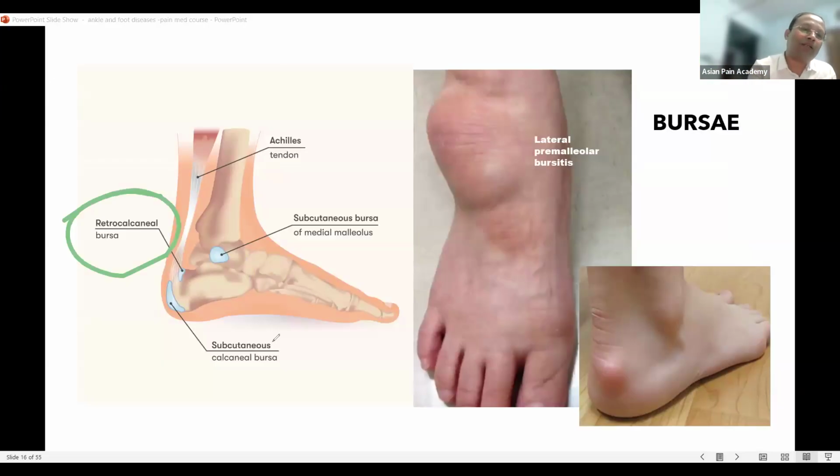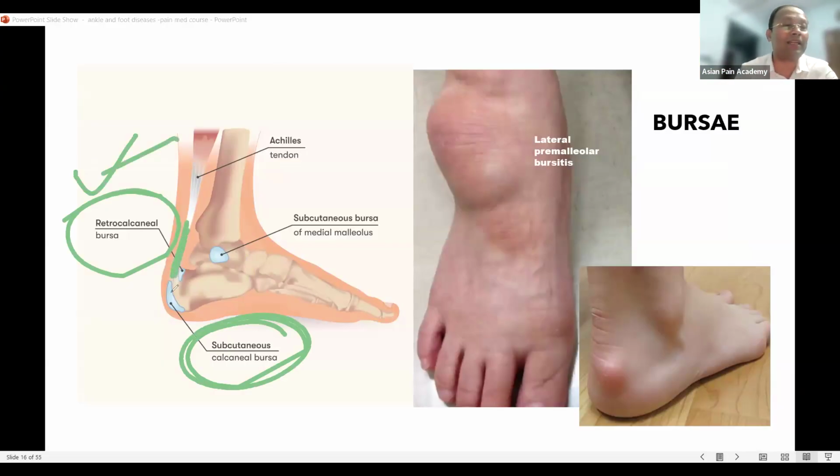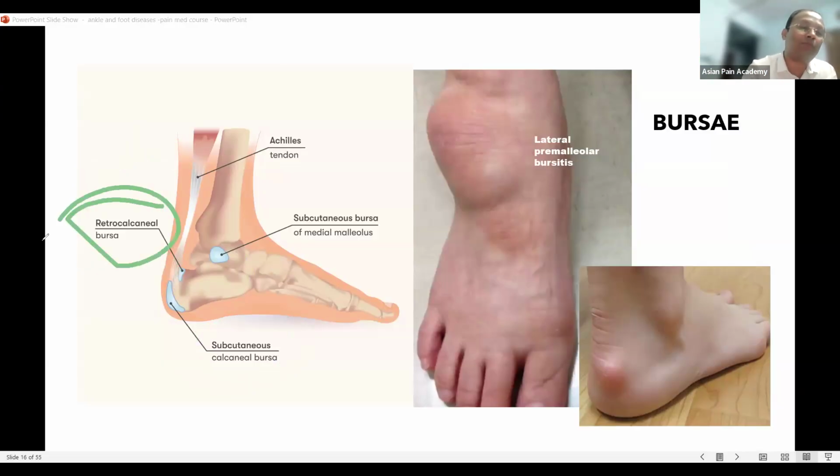There is also a subcutaneous calcaneal bursa, superficial calcaneal bursitis, but the deep bursa is deep to the Achilles tendon. This bursa is the retrocalcaneal bursa. This is the commonest bursitis found in the ankle area, retrocalcaneal bursitis.